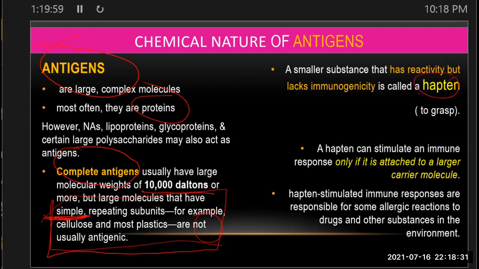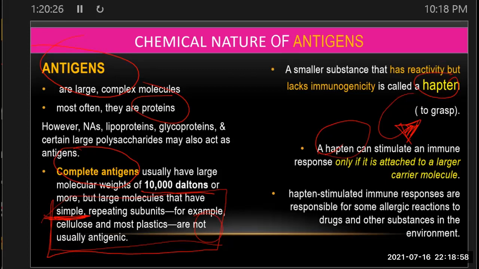Hapten means to grasp, to hold, right? Normally it is small and doesn't elicit immunogenicity. However, once this hapten binds to, or is attached to, a larger carrier molecule, that's the time that it becomes an antigen.